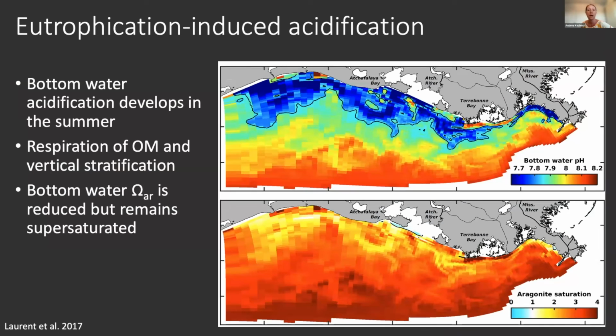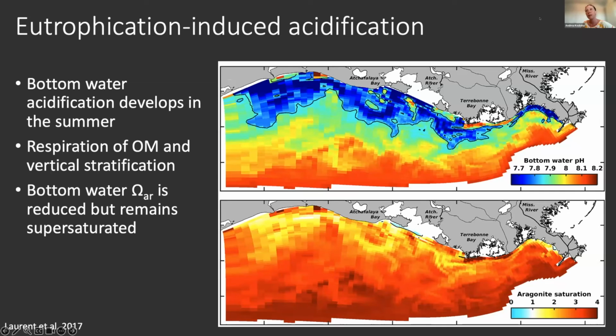In addition to hypoxia, the flux of nutrients from these rivers also induces coastal acidification. This is a figure from Laurent et al. 2017. It's generated from a biogeochemical model showing bottom water pH in the top figure and the saturation state of aragonite in the bottom figure.